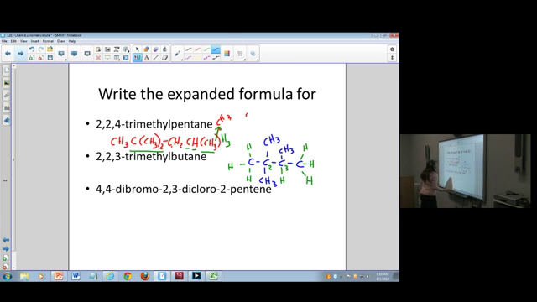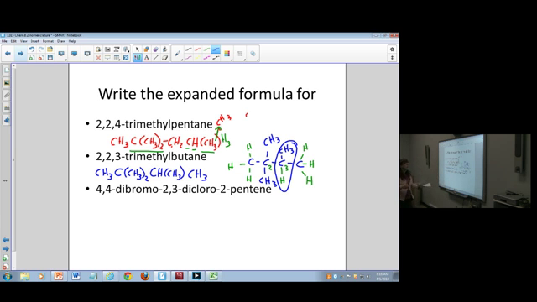So in writing this structure as a formula, I would write CH3, C, (CH3)2 in parentheses. That indicates 2 methyl groups bonded to that carbon 2. Then CH, CH3. That's our carbon 3 with a hydrogen and a CH3 methyl group on it, and then CH3.